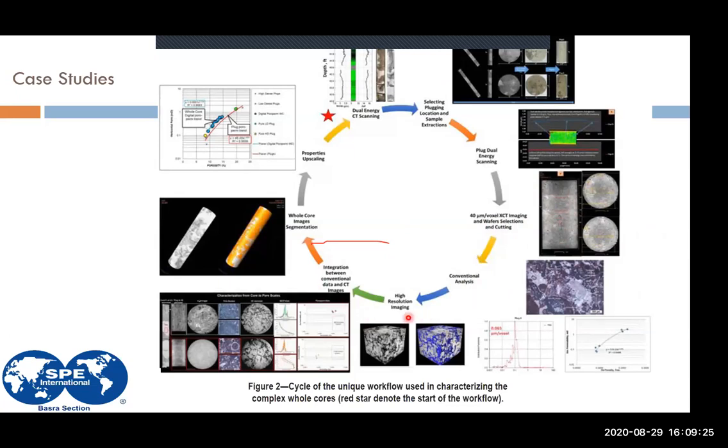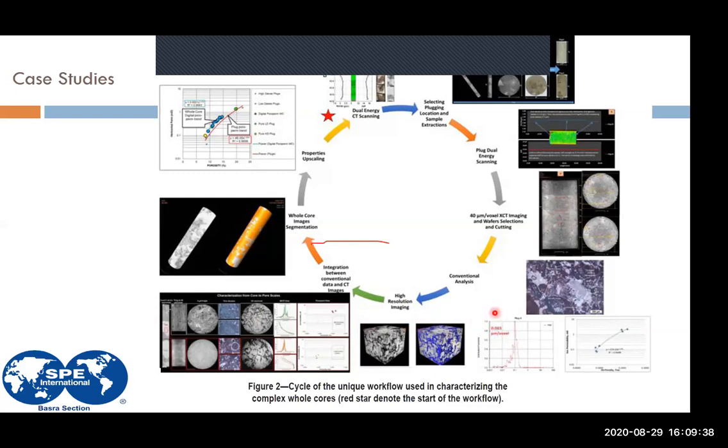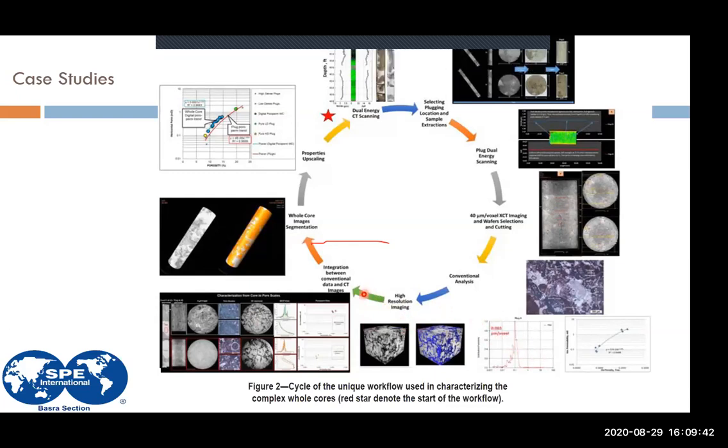Then we move to the higher resolution acquisition and imaging, and we're going to perform several numerical analyses, lattice Boltzmann evaluation, and then integrate this information with the information from the lab that we have here. We can perform this kind of evaluation to upscale for the whole core.